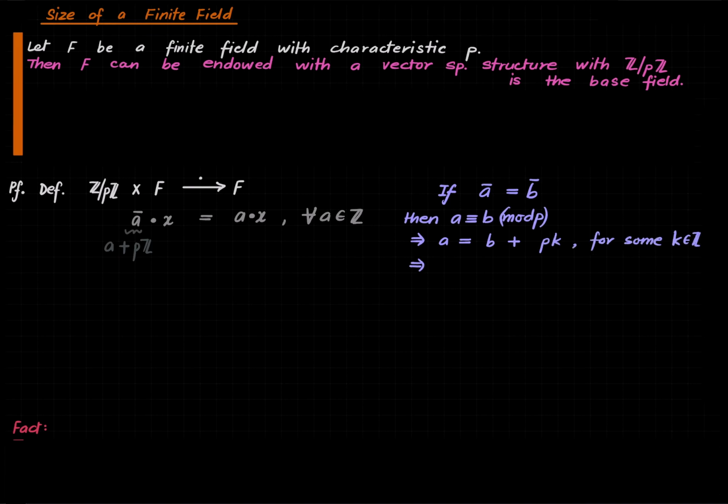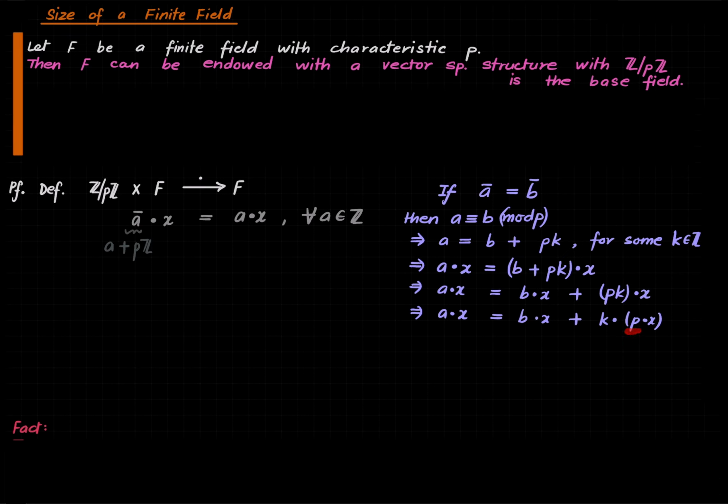And therefore, a fat dot x equals (b plus pk) fat dot x, which implies a dot x is b dot x plus pk dot x. And now by the basic properties of dots that we have proven, this thing can be written as k dot p dot x. And now since p is the characteristic of the finite field, this is 0, right? This is the last property that we saw in the previous slide. So this is 0, and therefore a dot x is equal to b dot x.